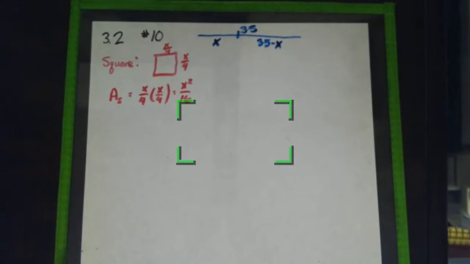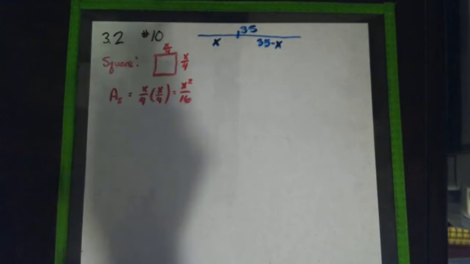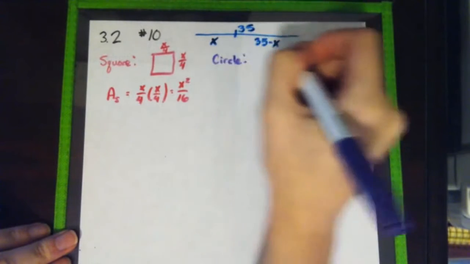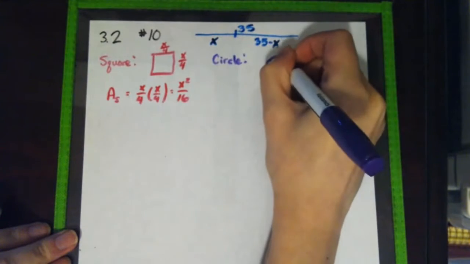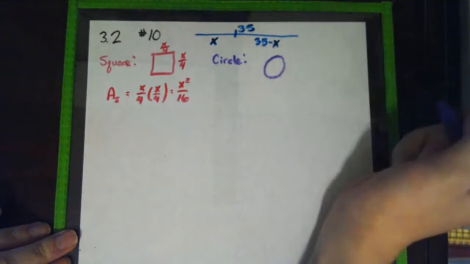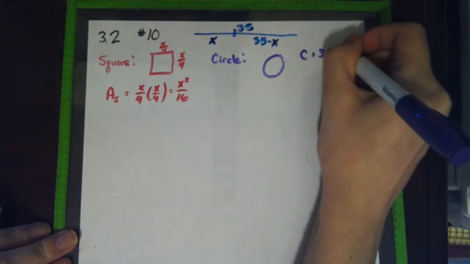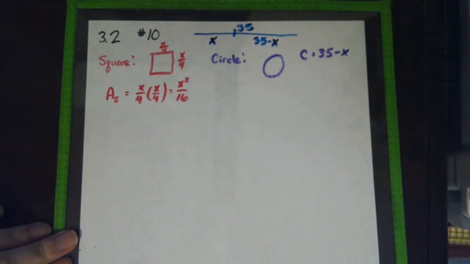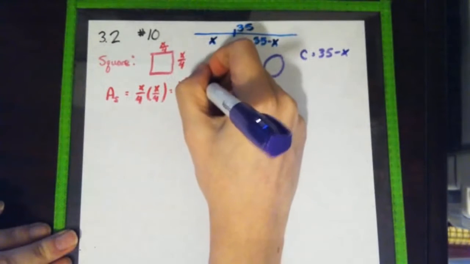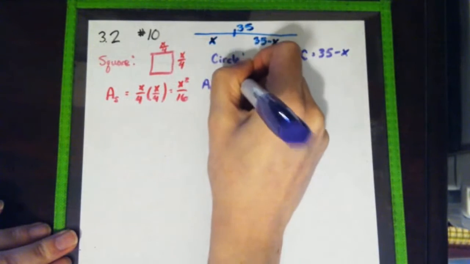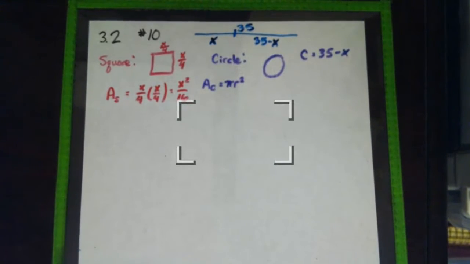Now next up, we are working with the circle. With the circle, we know that the circumference is equal to 35 minus X, because that's how much wire we have. The problem is our goal is to work with the area of the circle, which is given by pi r squared. That means I need to know the radius.